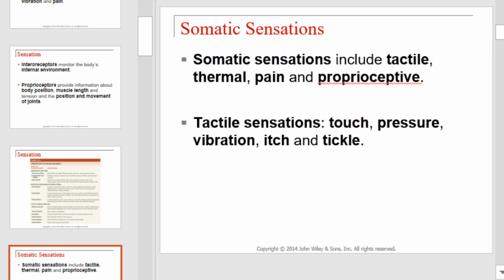Somatic sensations include tactile, thermal sensations, pain, and proprioceptive sensations. Tactile sensations are those such as touch, pressure, vibration, itch, and tickle.